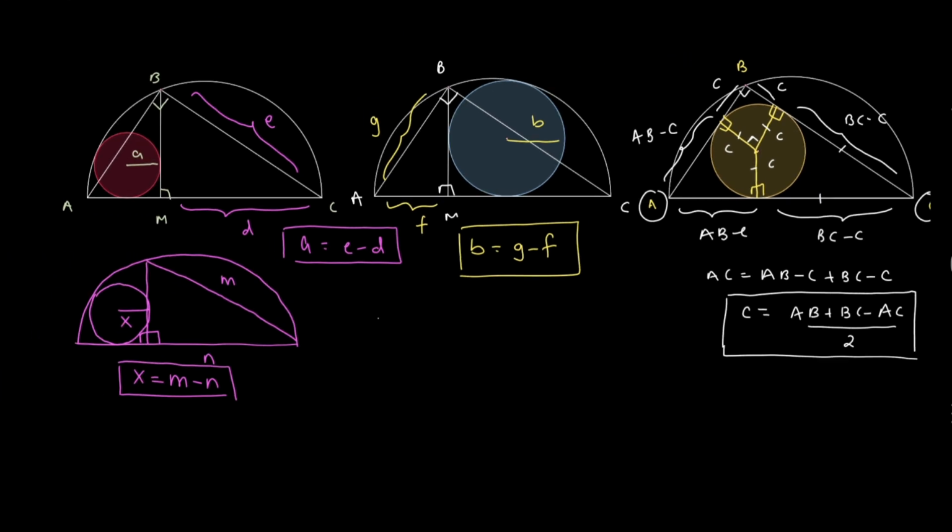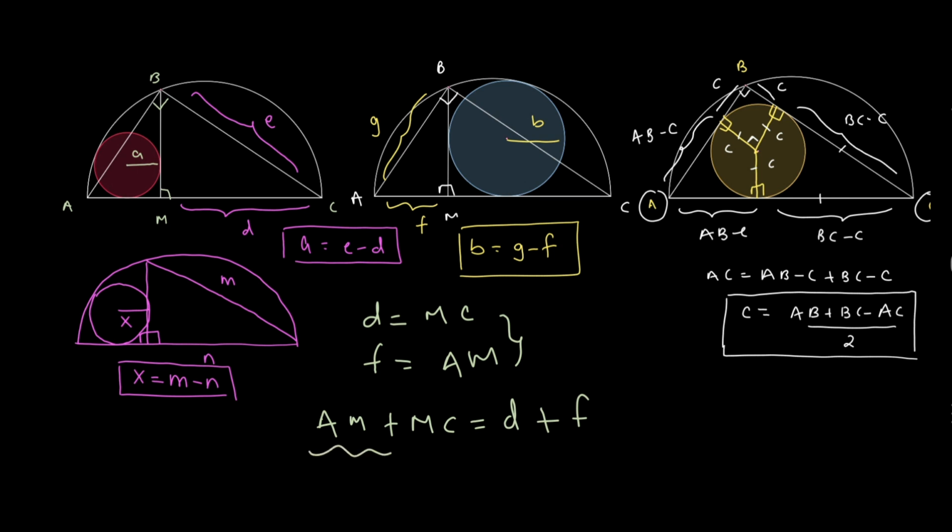So look carefully in the first diagram. The variable D is equal to MC, and from the second diagram take F. So the distance F is equal to AM. And if I simply add these two things, I will get that AM plus MC is equal to D plus F. Now as per the diagram, the value of AM plus MC is going to be the complete length AC.